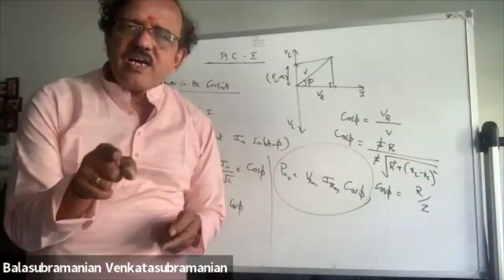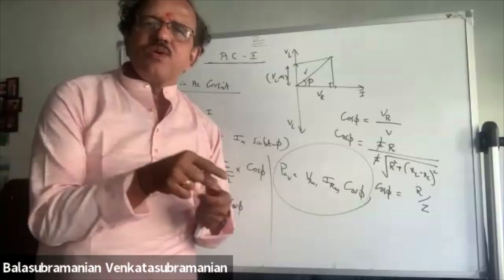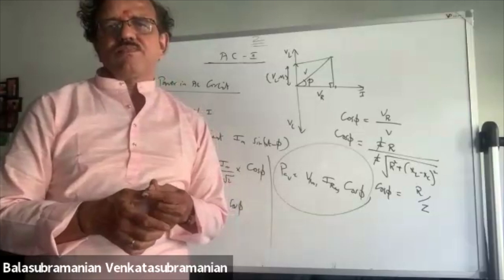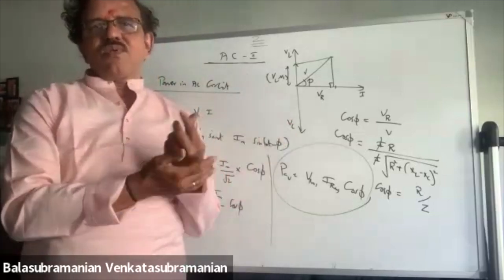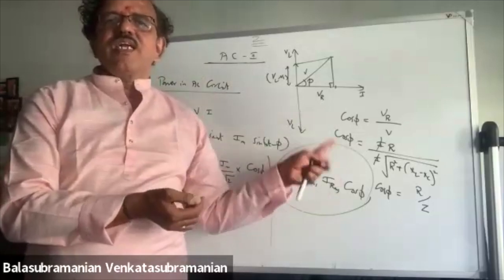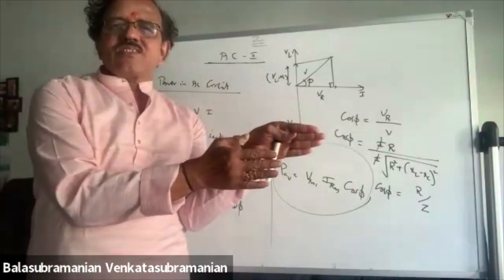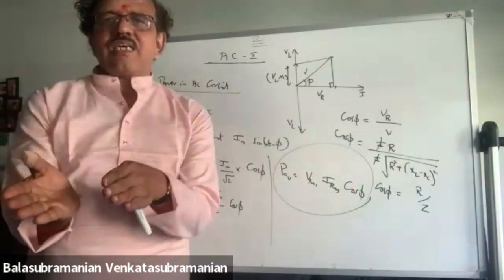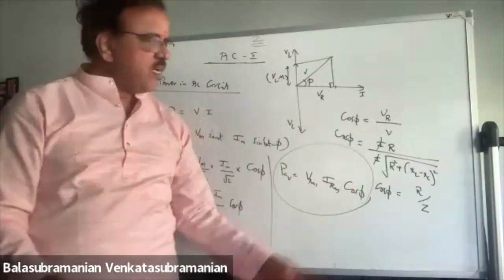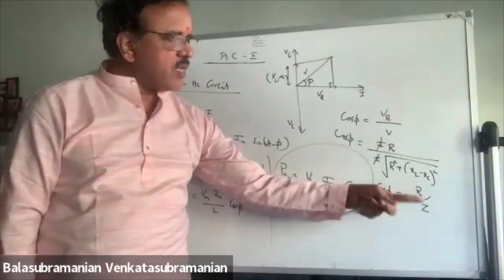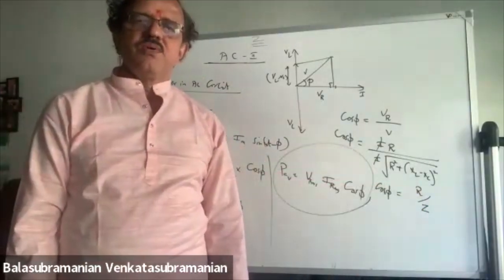So the phase angle between current and voltage is 0, as in a pure resistive circuit. Even though we are using an RLC circuit, the phase angle is 0 because XL and XC are both equal. So at resonance, the power factor is R by R, that is 1. Okay, fine.